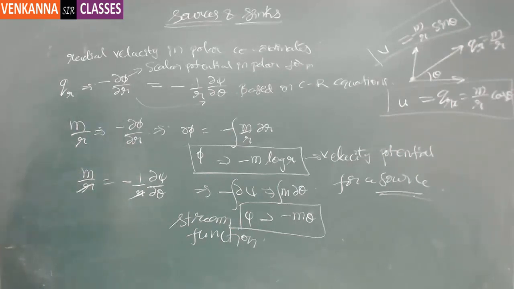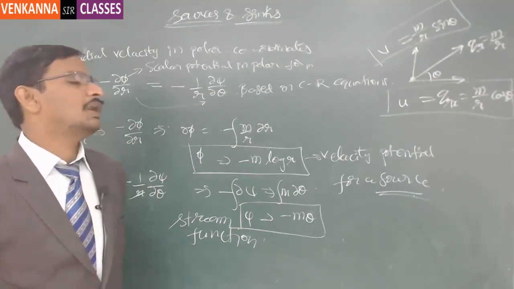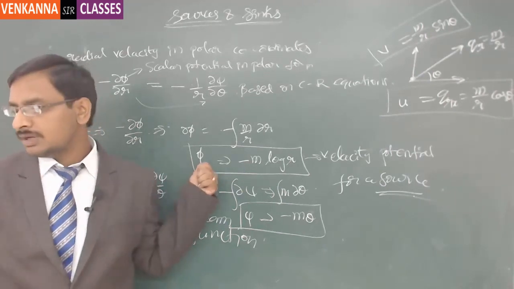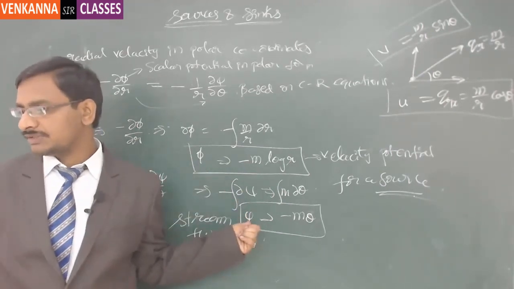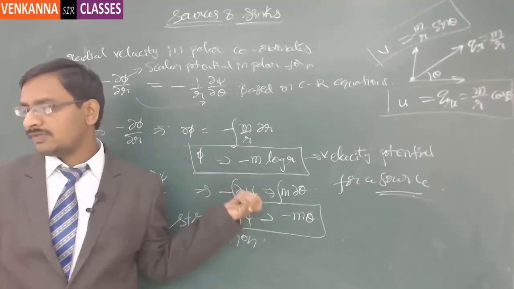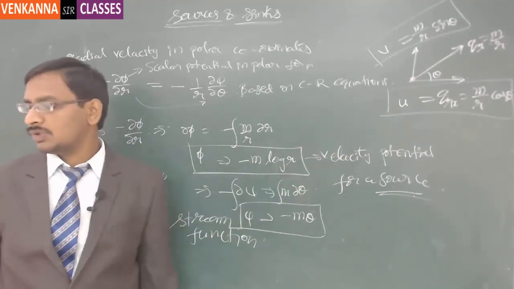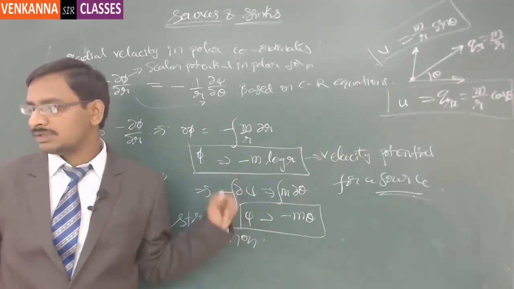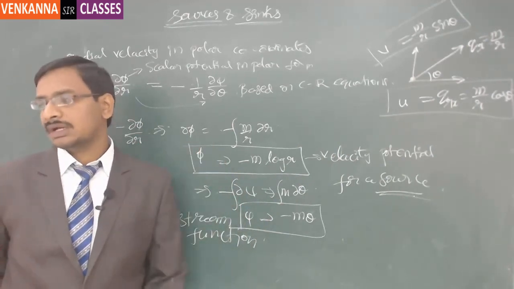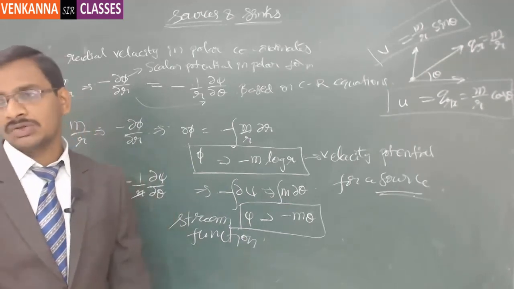So finally, in the complete analysis, if you notice, we are doing only very few things. That is, trying to find out the potential function, trying to find out the stream function. These are the two important aspects. Now, for the comfortability, we relate these things to the velocity. So velocity, potential function, stream function. These are the only three important aspects that we are going to do in the complete fluid flow. Got it? But different scenarios.